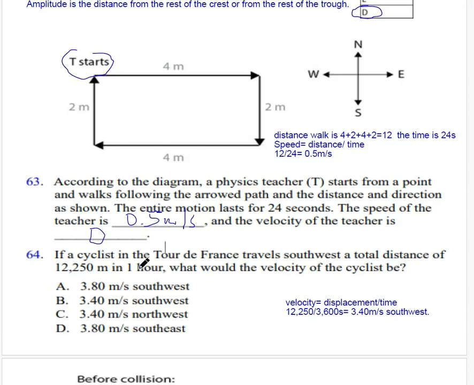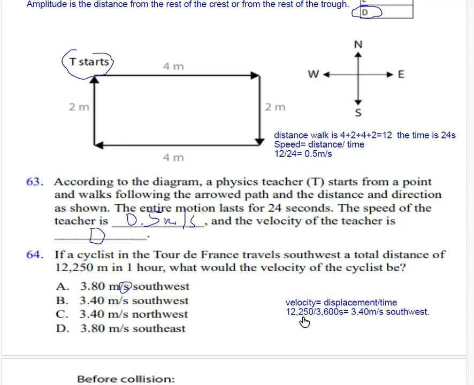If we convert the time to seconds, 1 hour is equivalent to 60 minutes, and then times 60 seconds in each minute. So that's why it's 3,600 seconds.